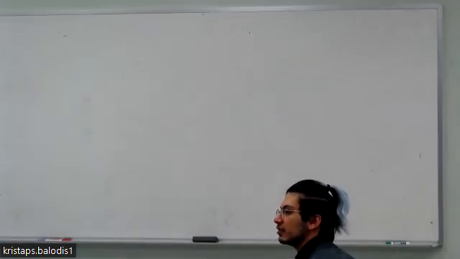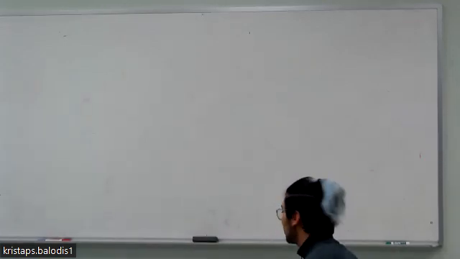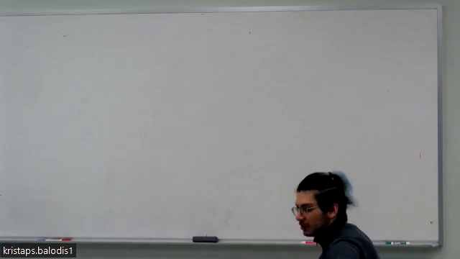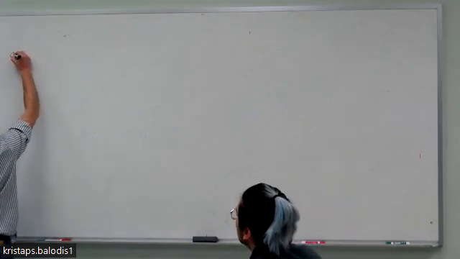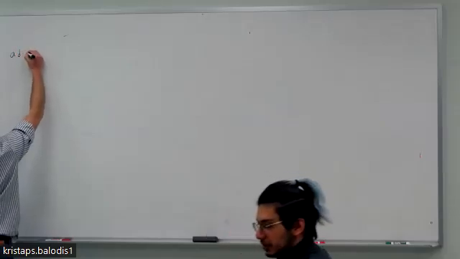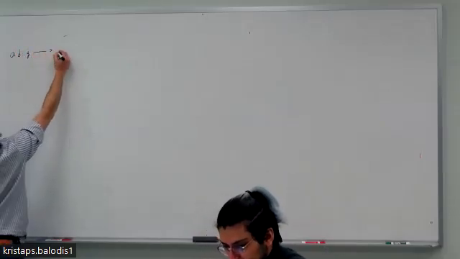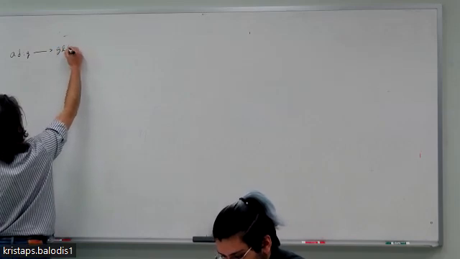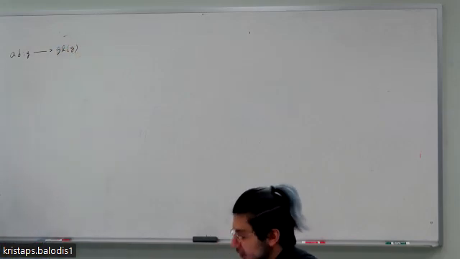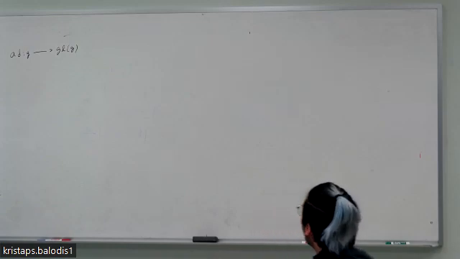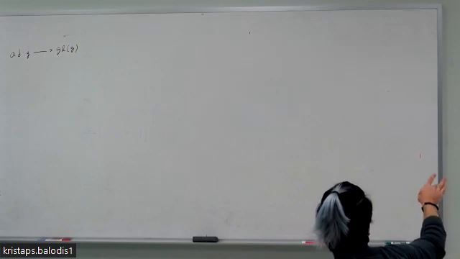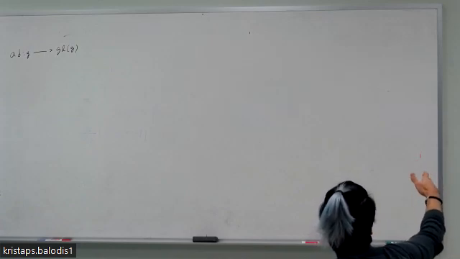Okay, this one's nice. So for any Lie algebra, the adjoint representation goes from G to GL of G. Oh, so the adjoint representation would be GL of SL2C.